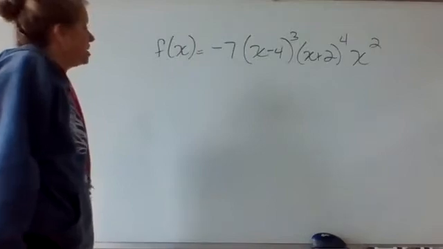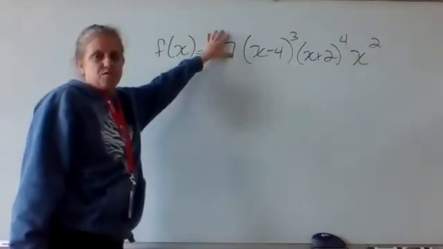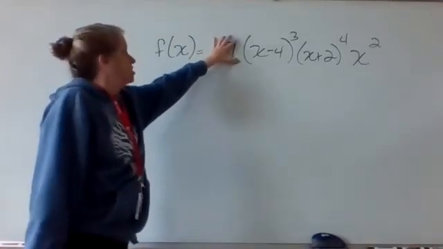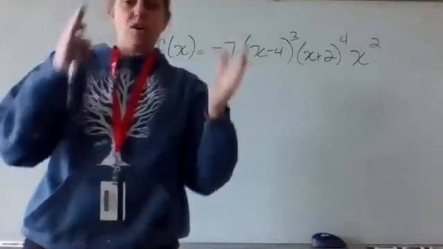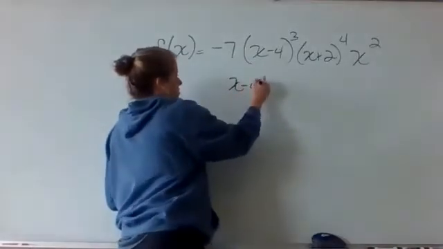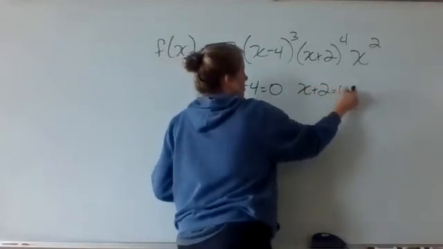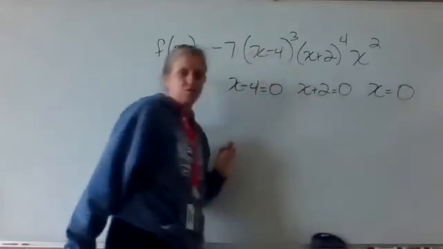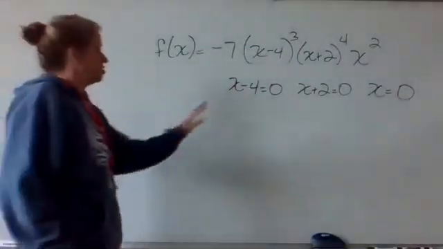So I need to find its zeros. This is a factor, but it doesn't have an x with it, right? You can't set this equal to 0 and solve it for x if it doesn't have an x. So this doesn't make an x-intercept. You only make an x-intercept if you're a factor with an x. So here's one. I need to set it equal to 0. Here's another one. Set it equal to 0. And then my last one is just the x, and I'll set it equal to 0.